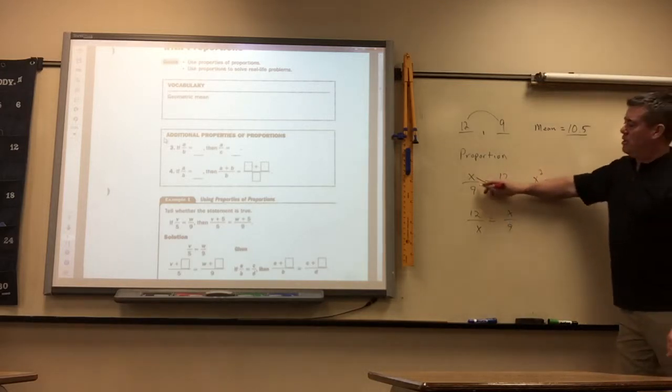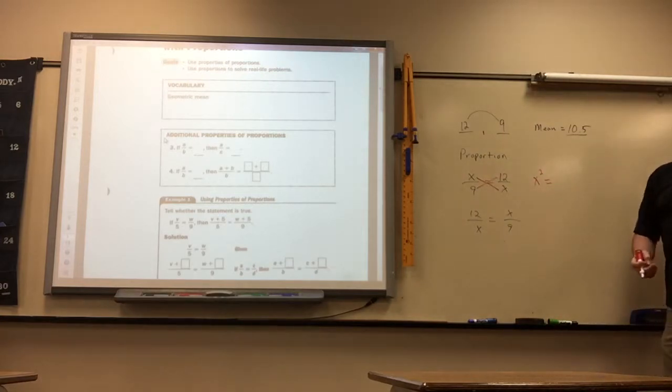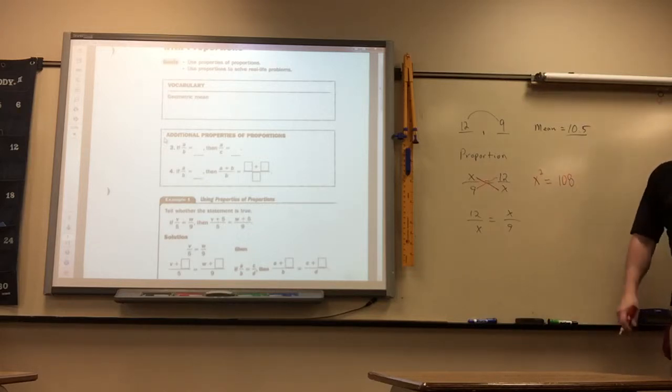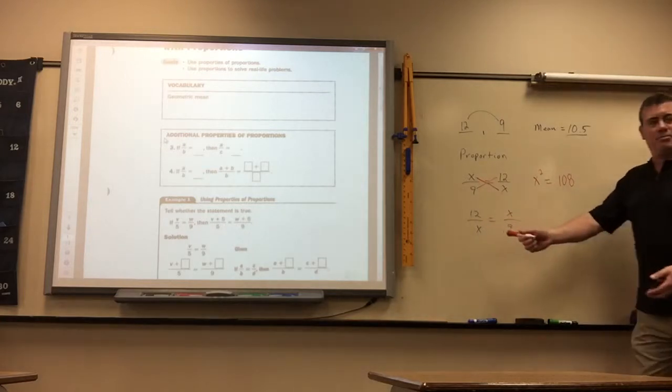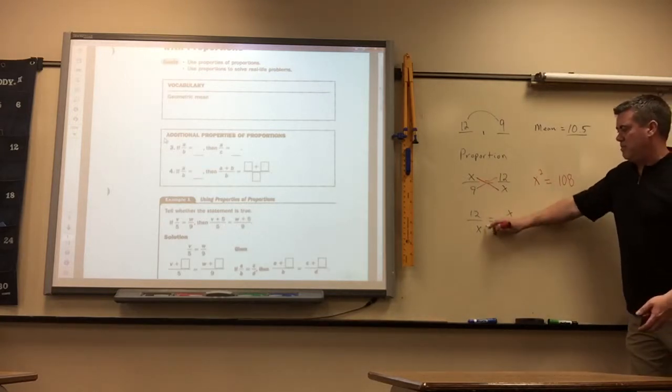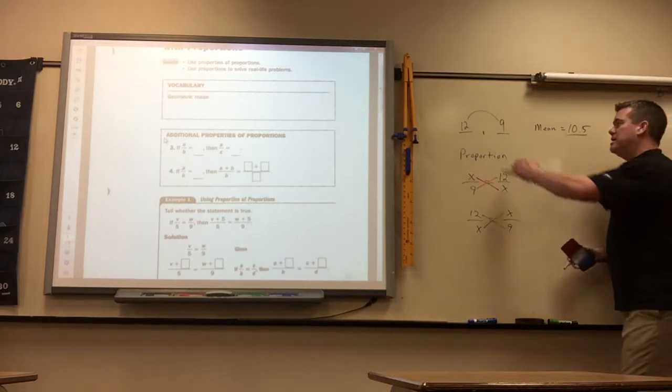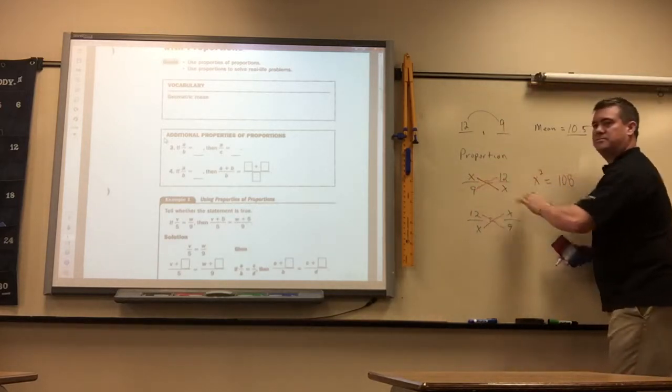It has to equal this times this. Remember, cross products have to be equal? 12 times 9 is 108. Okay? So you'd get the same thing if you did it this way, because here it's x times x and 12 times 9 still. So that's why it doesn't matter where you put these two numbers.